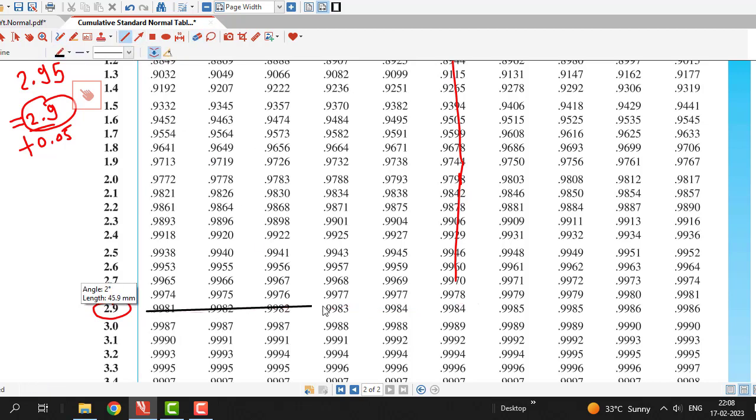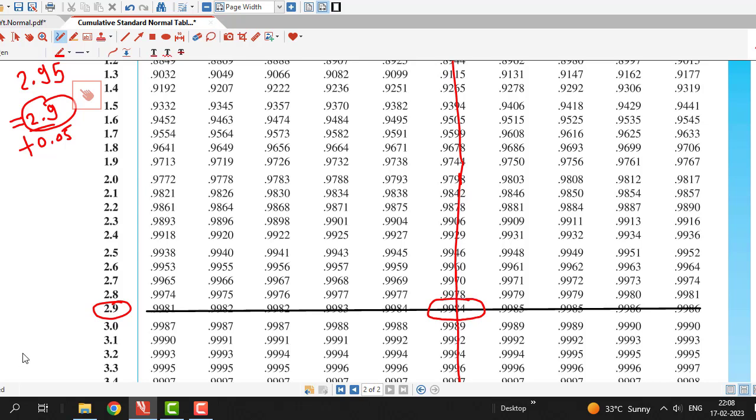Here I have this row corresponding to 2.9 and this column heading for 0.05, and the intersecting point is the point of our interest. So now we remove these two and we find that this value is 0.9984.